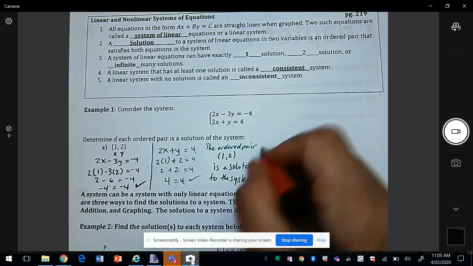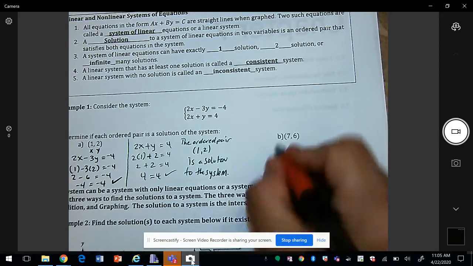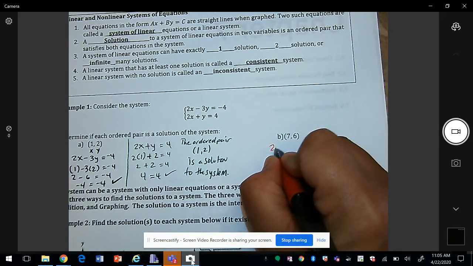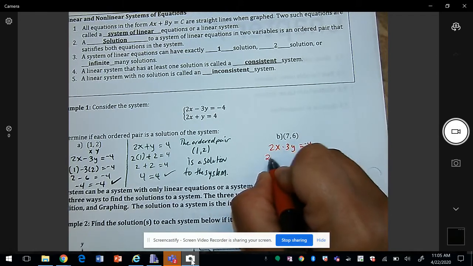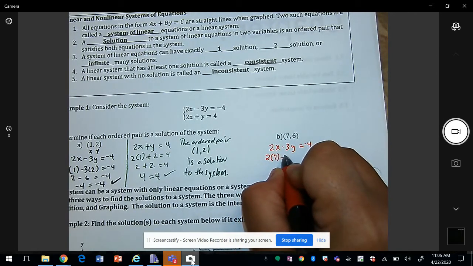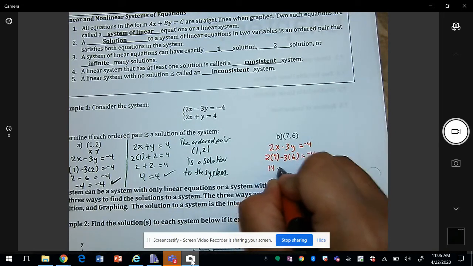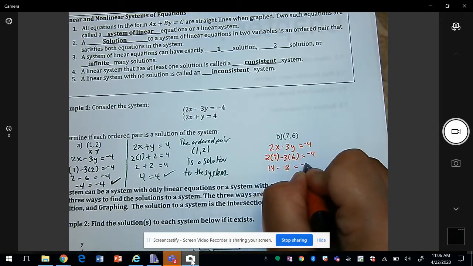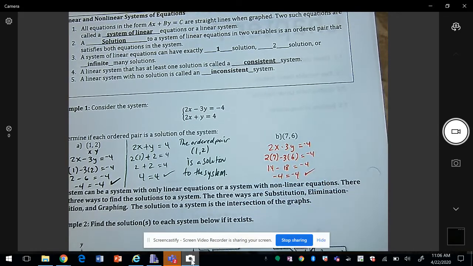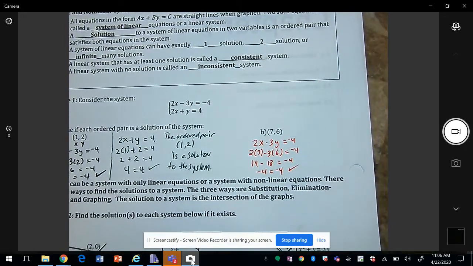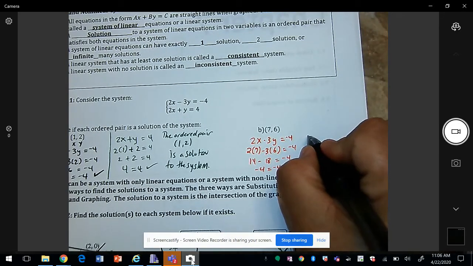So let's try example 1b. First we need to check the first equation. So I'm going to substitute 7 for x and 6 for y. 14 minus 18 equals -4. -4 is equal to -4, so that works for that equation. Let's test the second equation.